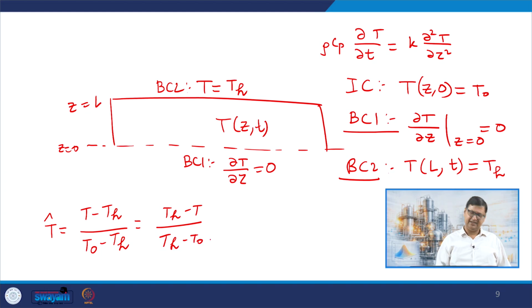Clearly TH is much bigger than T, so the numerator is positive that way, but even if I do this expression, the negative signs will cancel in numerator and denominator.